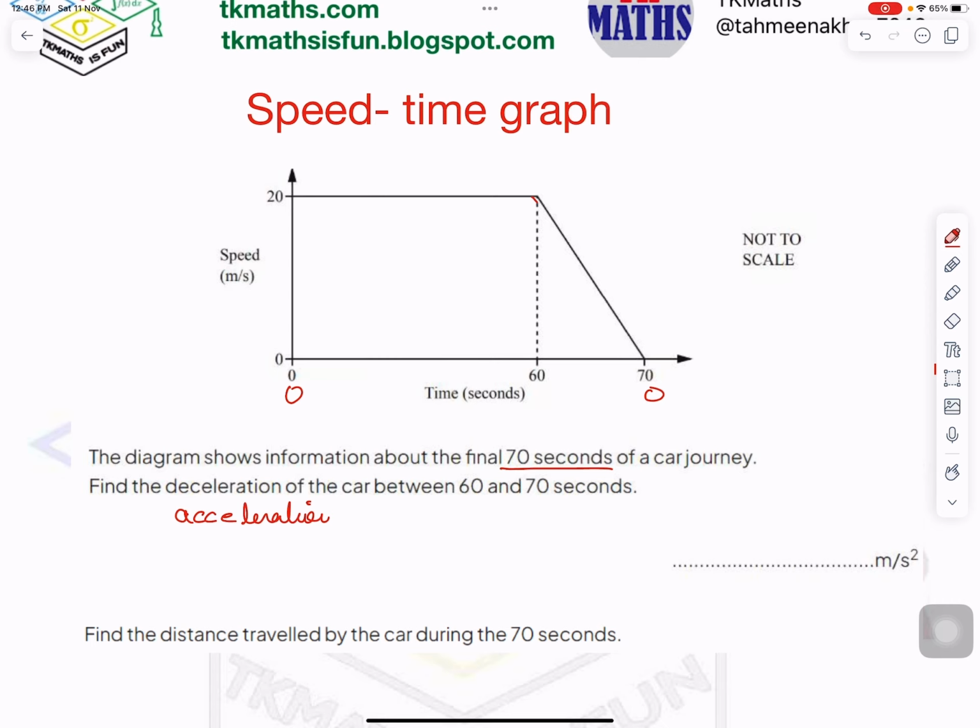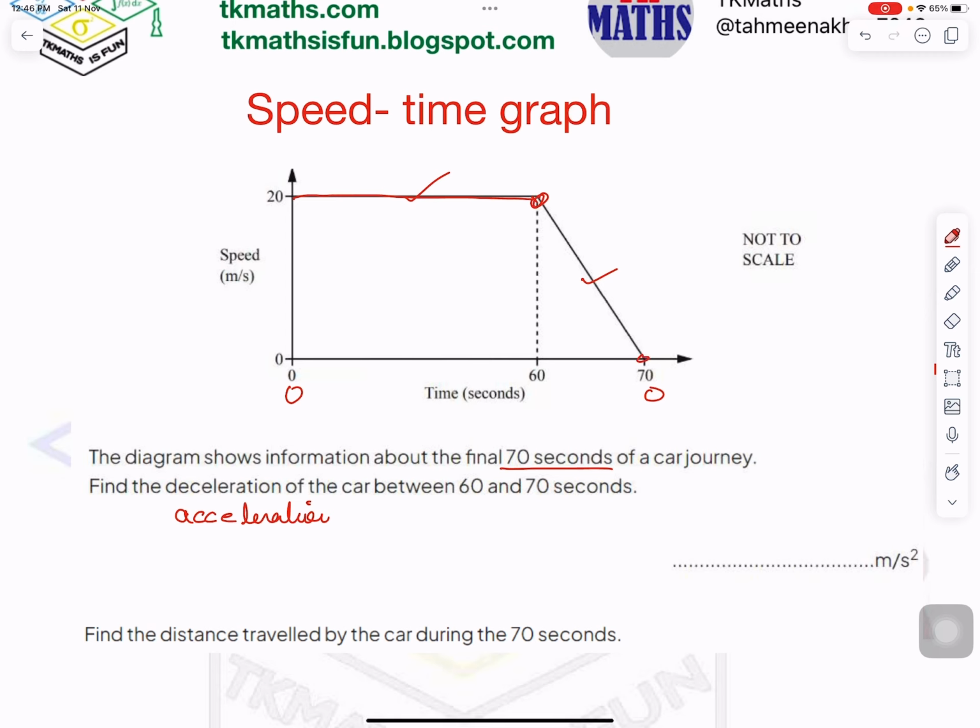Here when we are saying deceleration, we mean when it is slowing down. So do you think the speed is slowing down in this segment? No, it is not, because it is constant 20 meter per second. Whereas in this segment from here till here, speed is reducing.